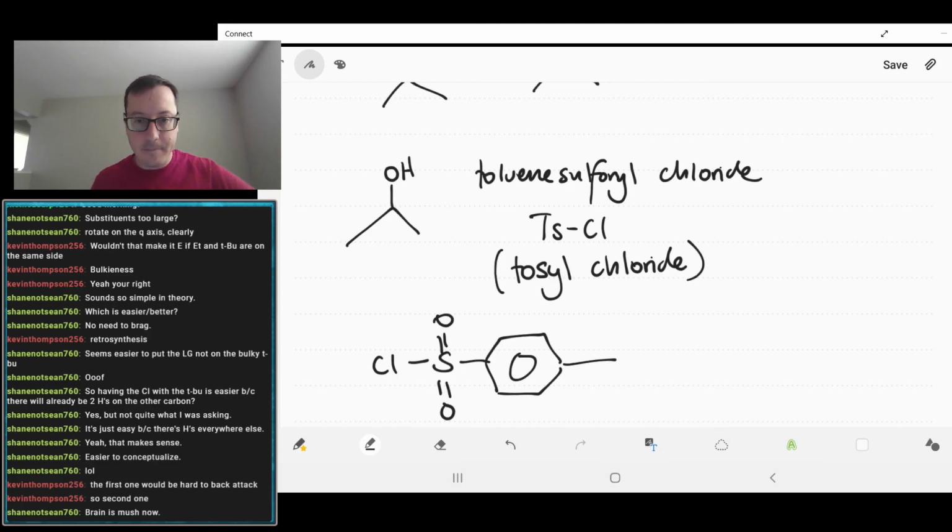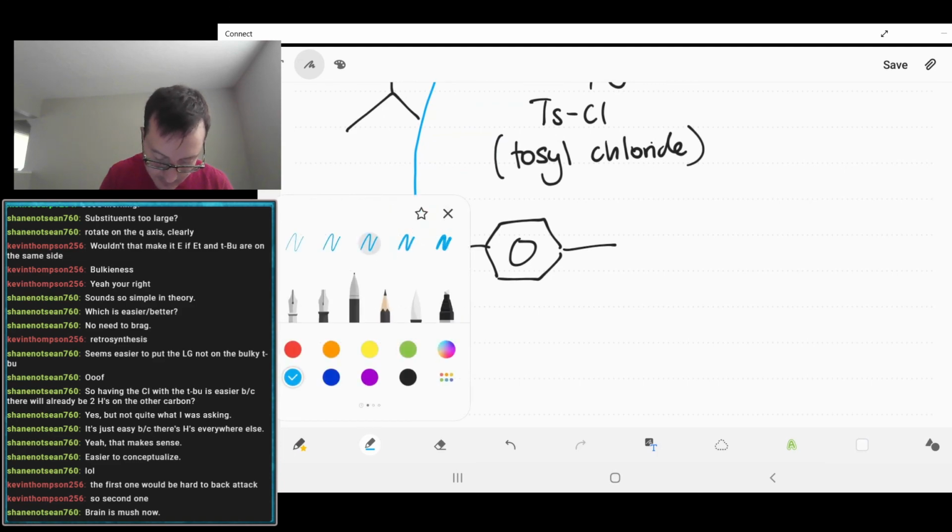This thing can turn an OH into a great leaving group for SN2 or E2 reactions. What happens? I'm going to just do this in one step. There's really multiple steps that happen here, but I don't really need you to focus on this mechanism.